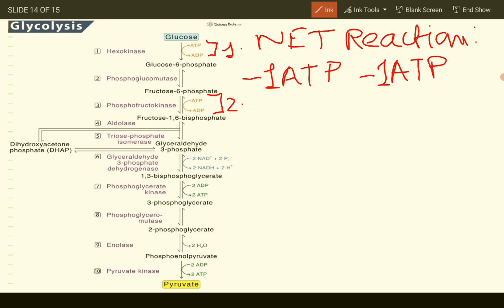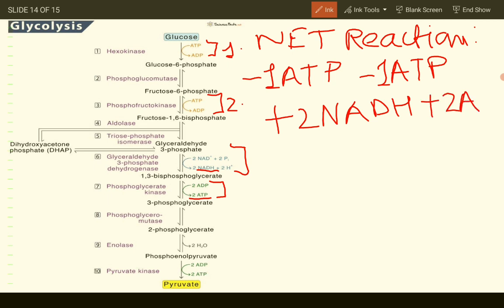right? The next step is where 2 NADH are being produced, so plus 2 NADH. In the next step, 2 ATP are being produced, so plus 2 ATP, right? In the last step, again 2 ATP are being produced, so plus 2 ATP.